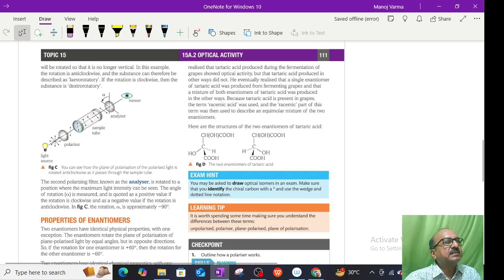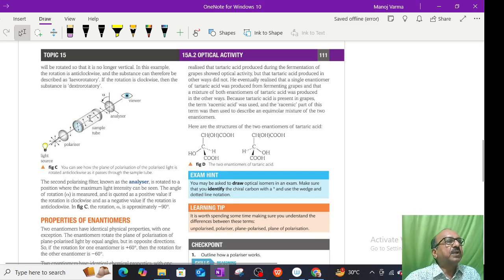What we find is that the direction of the plane gets rotated, and that can be understood if you use another Polaroid, which is called the analyzer, and observe with the eye. Then you can understand by how many degrees you have to rotate the analyzer so that you can again see the light that passed through the first polarizer, because again they should be aligned with respect to each other.